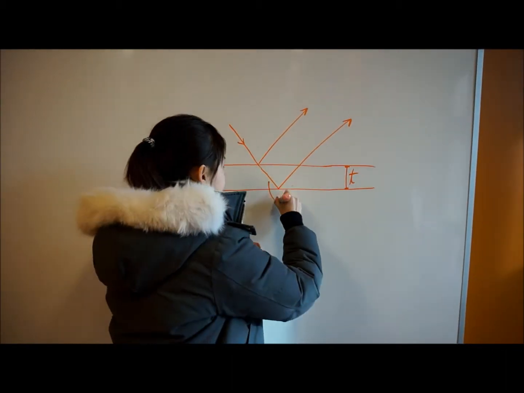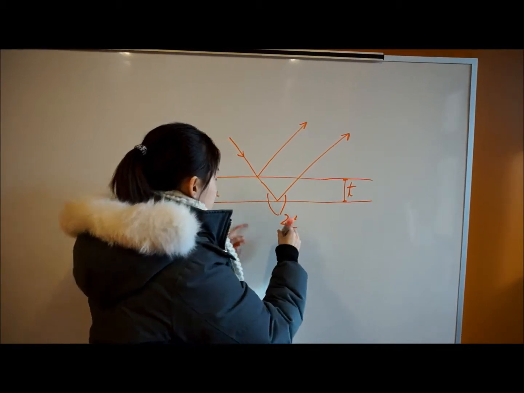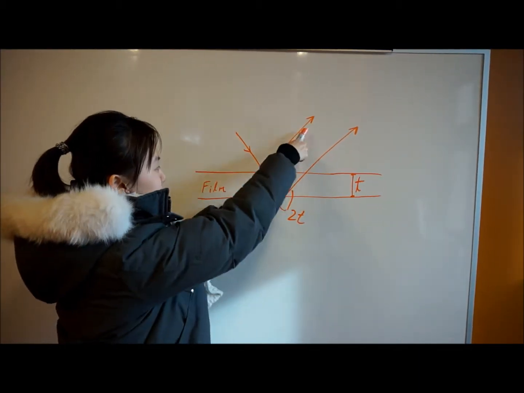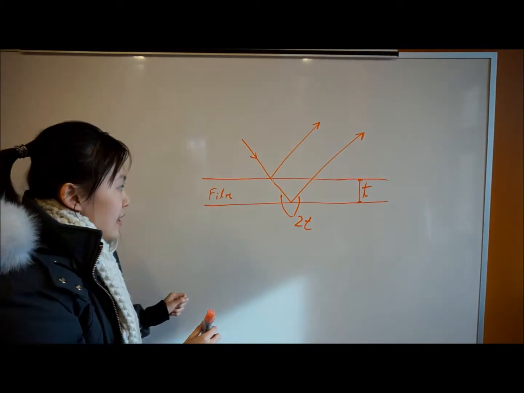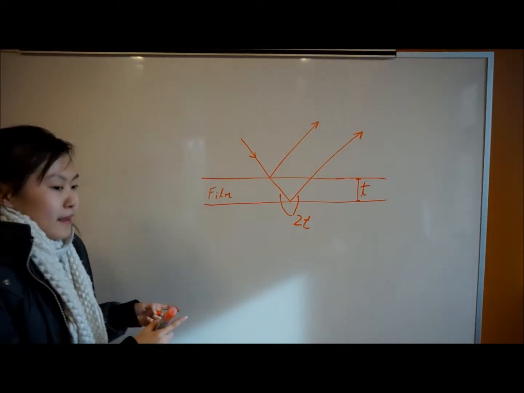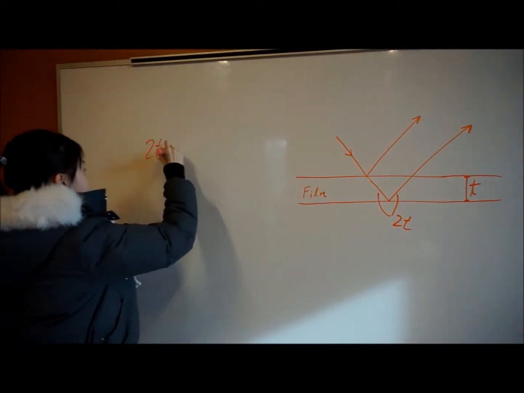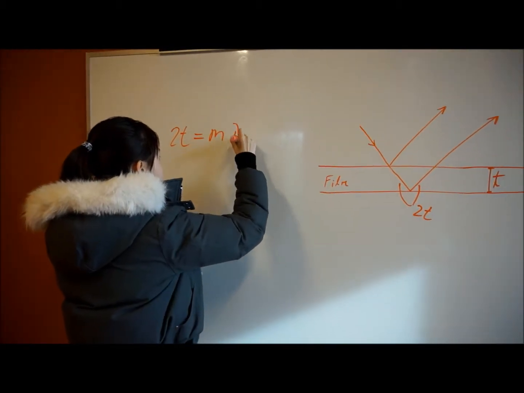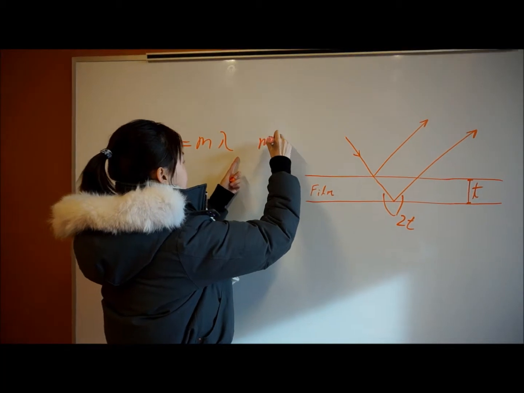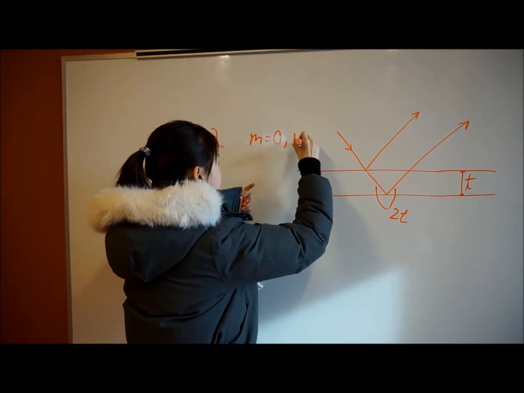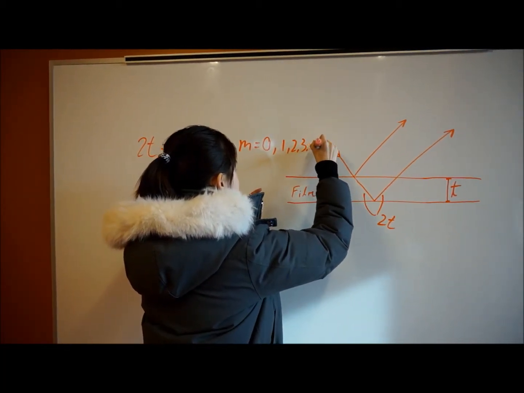So this one travels 2t more than the top one. Because of that, we have two equations that we can choose. The first one is 2t equals m lambda, and here m can start from 0, 1, 2, 3.